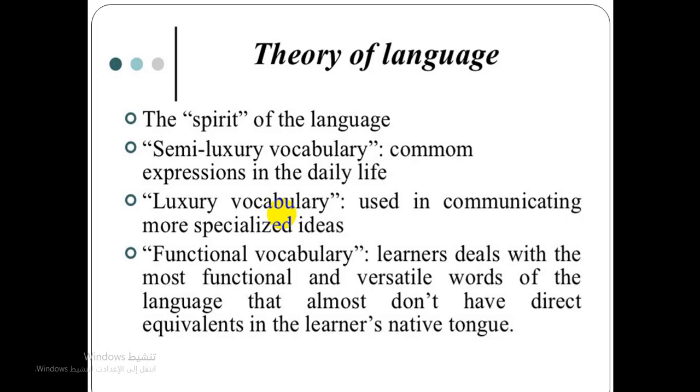What is the theory of language according to the silent way method? Here, in the silent way method, language is seen as groups of sounds arbitrarily associated with specific meanings and organized into sentences by grammar rules.